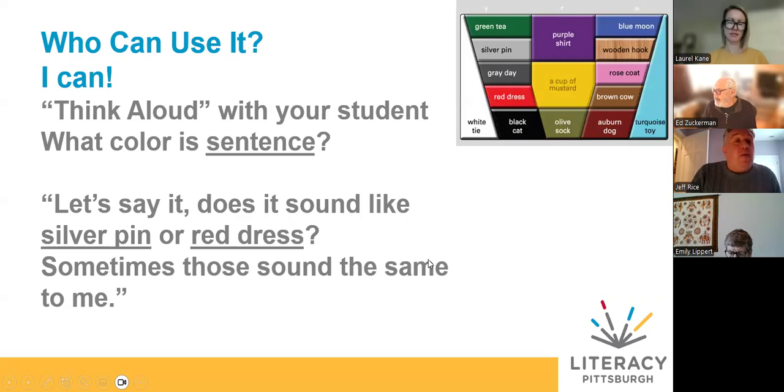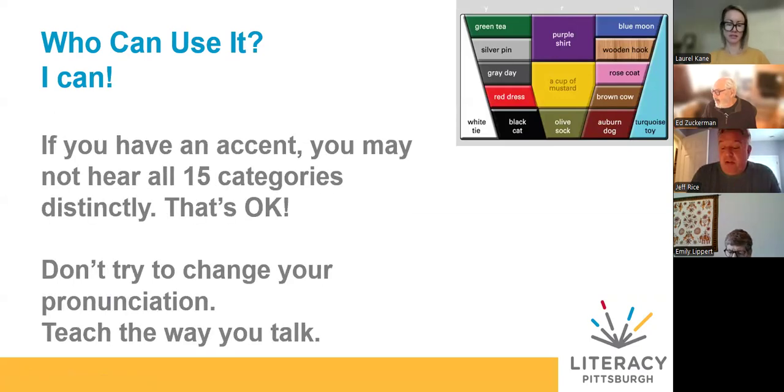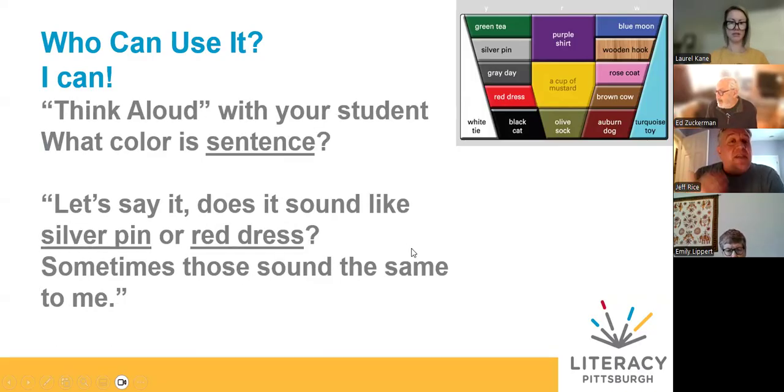Okay, and one more thing: don't change your pronunciation, teach the way you talk. For me, I mentioned before, silver pin and red dress, that's not an easy category for me to hear. So just do, as we say, the think aloud. We talk about this in the training with teaching reading. Sometimes stop and say, I'm not sure I understand this, let me come back to it. Same thing here. For me, sentence has these silver pen, red dress sounds.